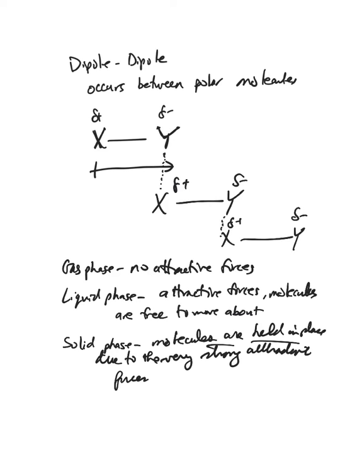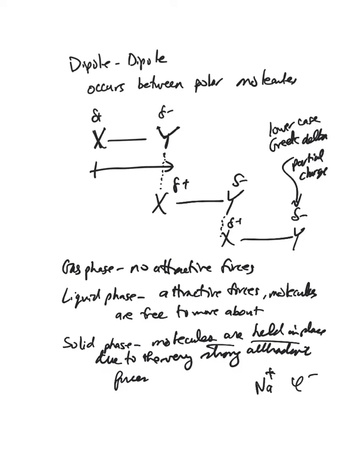And so this little symbol that I have here is a lower case Greek delta. It means partial charge. It's not something like sodium and chloride where we have separate ions. We've got a covalent bond here, and there's an uneven separation of charge in the molecule, and that gives rise to the dipole interactions.